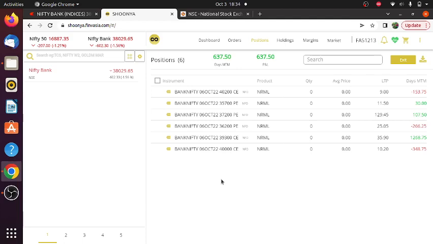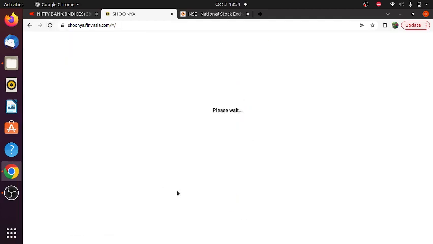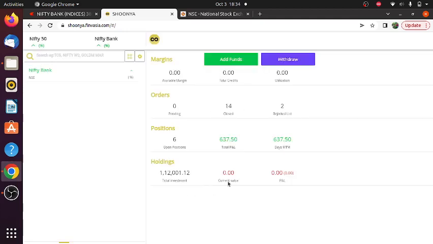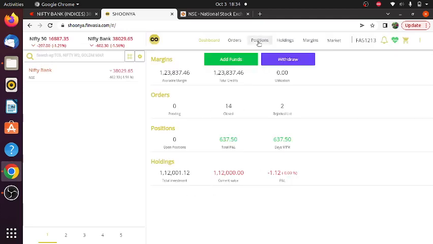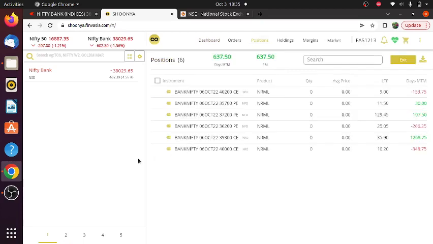My break even would be around 0.5 to 1%. So that's my overall idea when I go into a trade. So I'll just refresh. Then today's profit and loss would be 0.5%, and my profit is around 637 rupees. It is a super happy day.